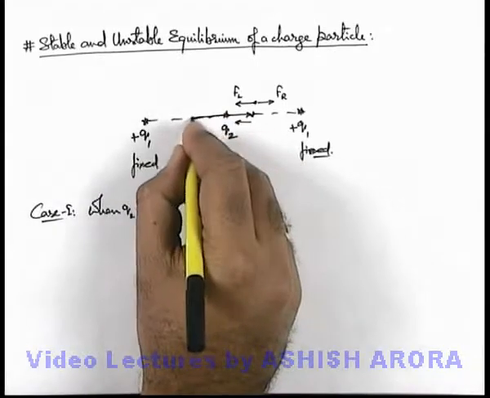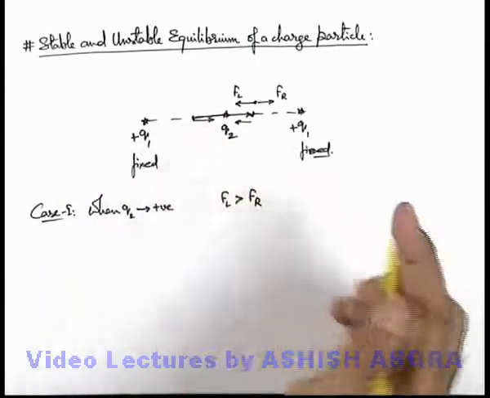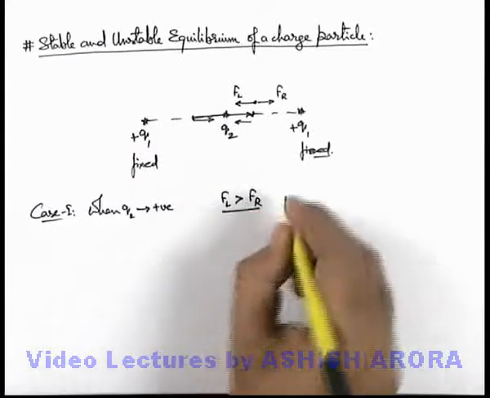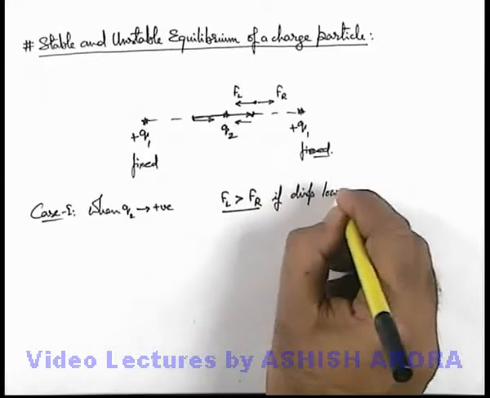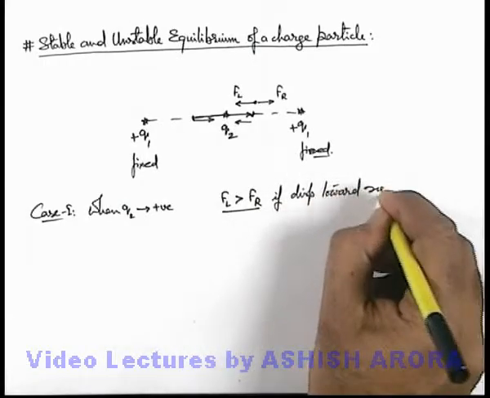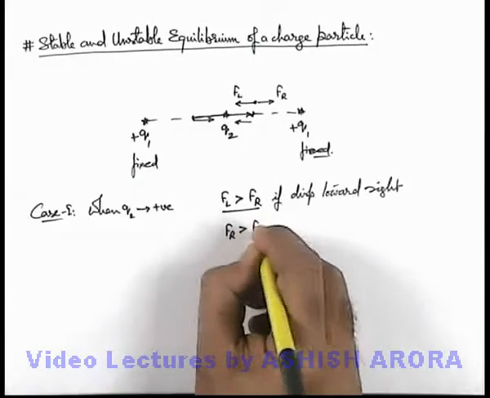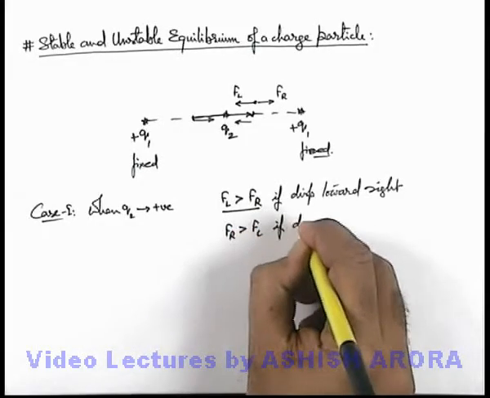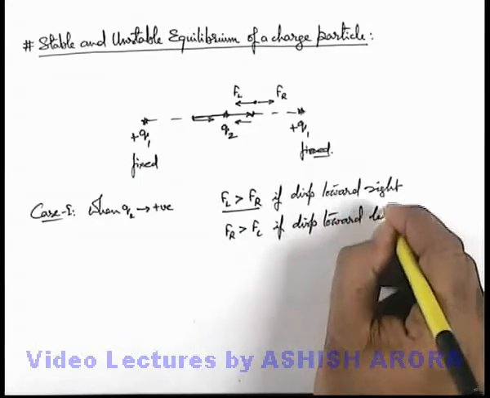Similarly, if it is displaced toward the left, then again it will have a tendency to come back. So FL is more than Fr if displaced toward the right, and Fr will be more than FL if it is displaced toward the left.